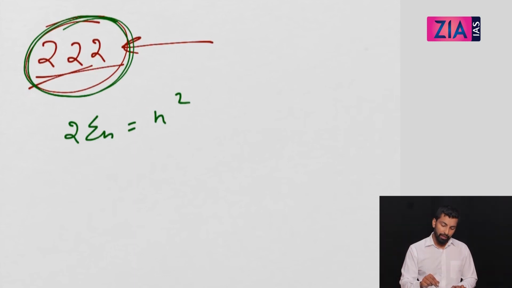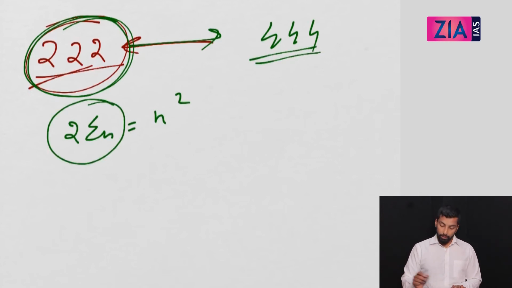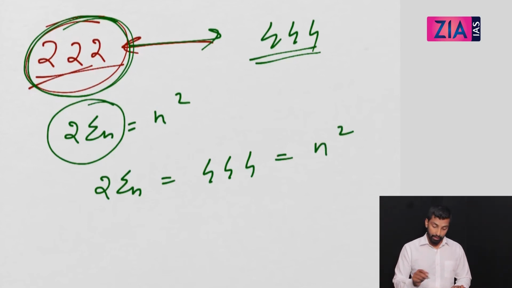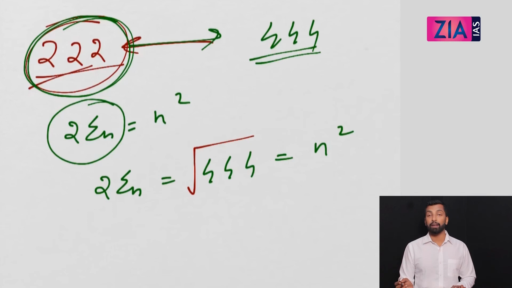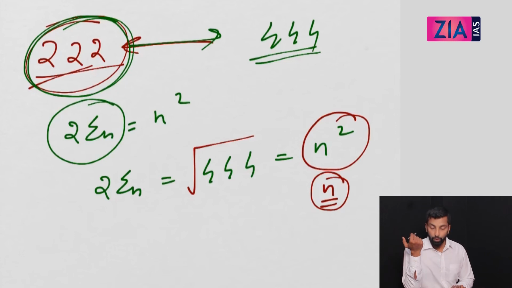What is 2 times of it? 444, right? So 2 times sigma n, you got 444, which is nothing but n square. If you take the root of it, you will get n, which is the number of pages of the book. Okay, so what is the square root of 444?